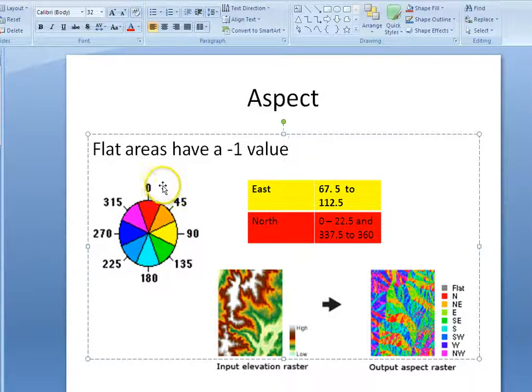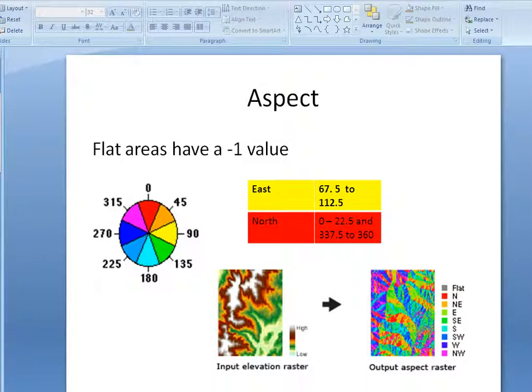So 0 would be due north, 180 would be due south, and when it's divided kind of in these categories, I think normally when you run a slope, you get 8 sections or 8 categories, and they're generalized this way. But you get to change them to be anything you want. You could break these down in a lot of ways.